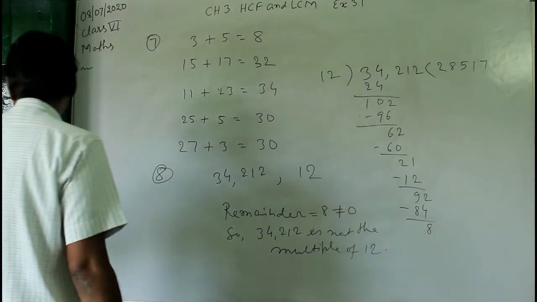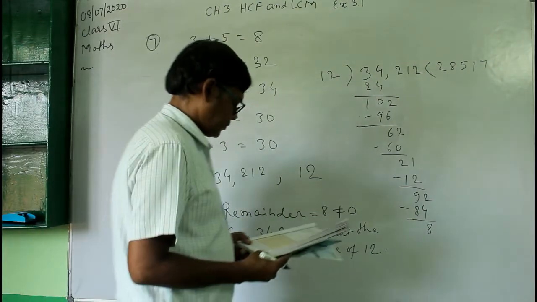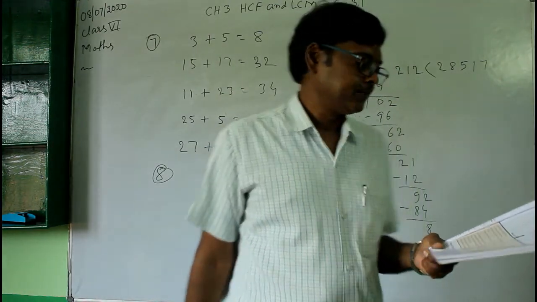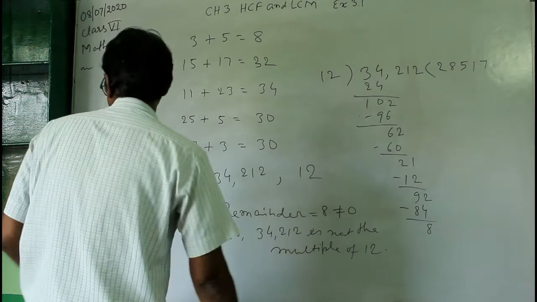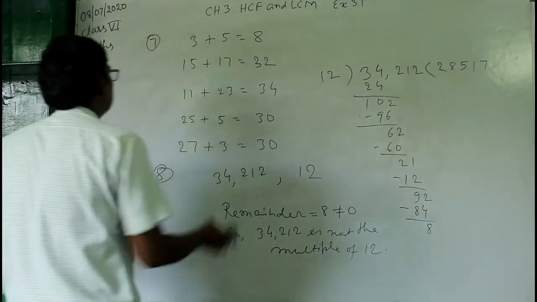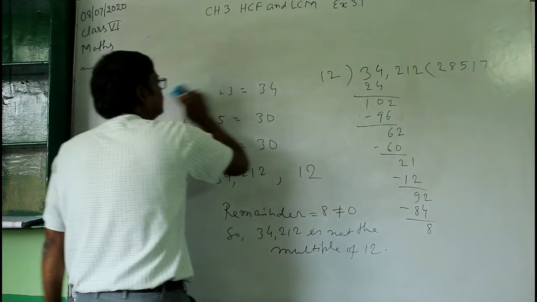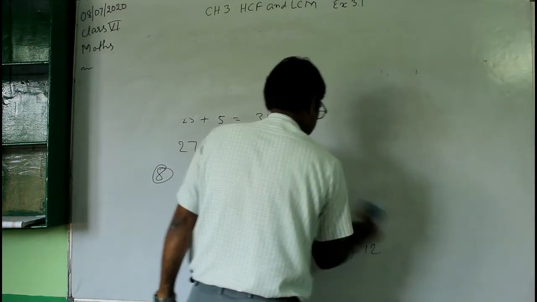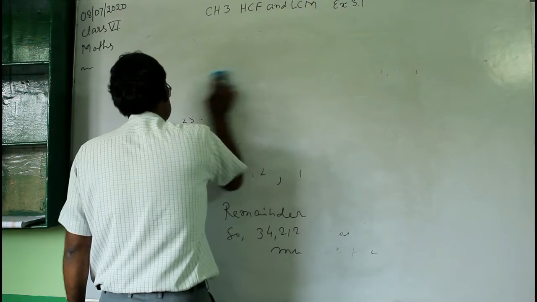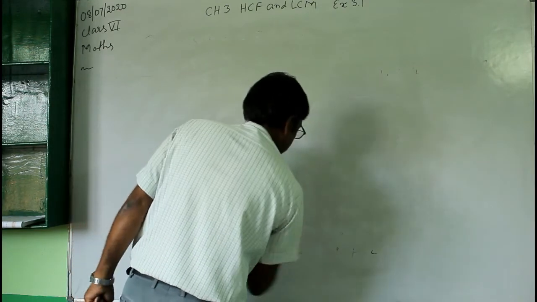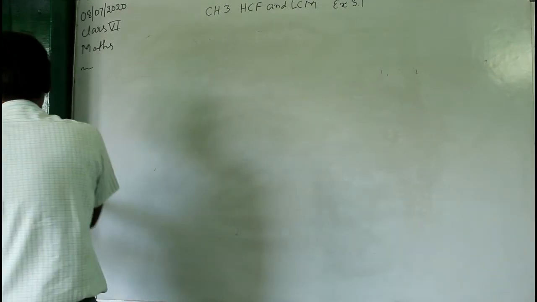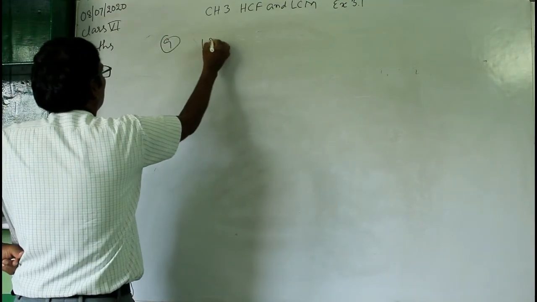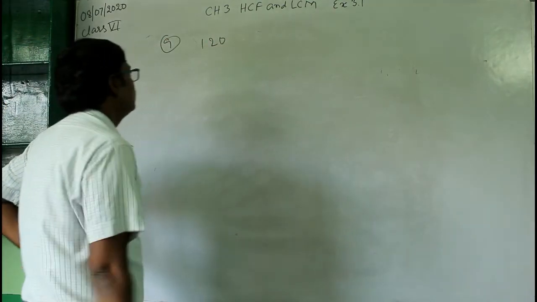Now question number 9. Express 120 as the product of prime numbers. Okay, express 120 as the product of prime numbers.